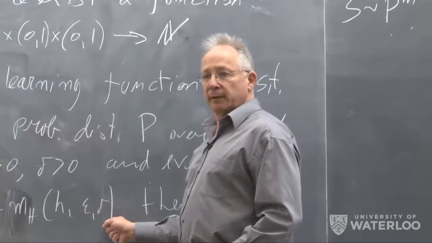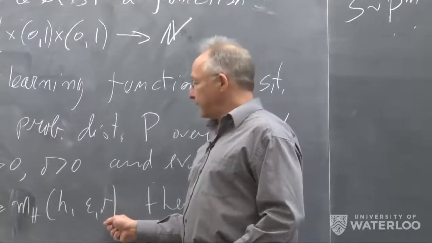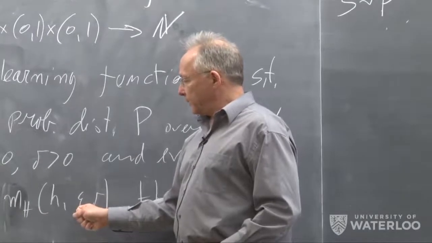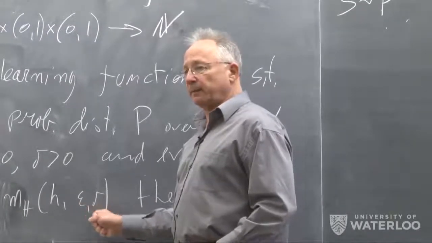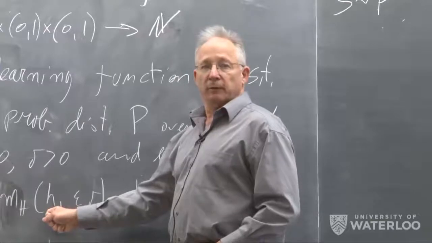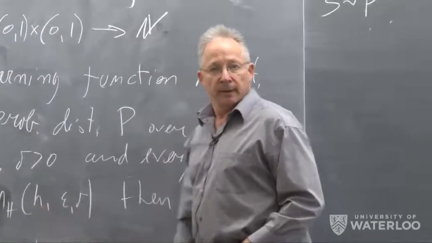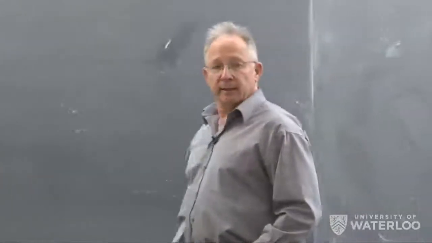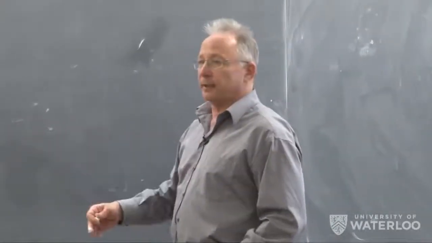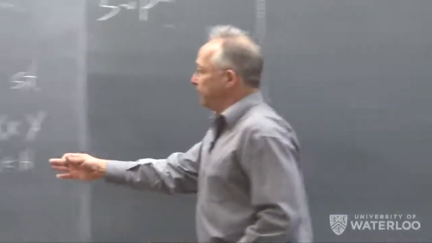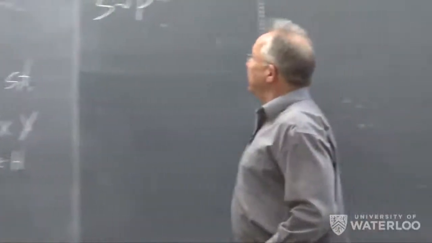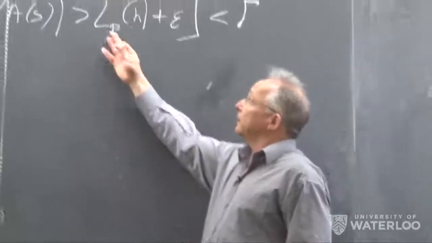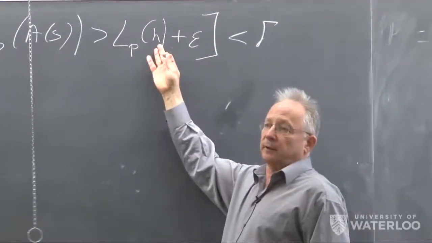Now my function that tells me what should be the size of the sample is not only dependent on epsilon and delta, but I also allow it to be dependent on h. And then the conclusion is that if I get a large enough sample whose size may depend on h, then the error that my algorithm makes is not much more than the error that this h will make.